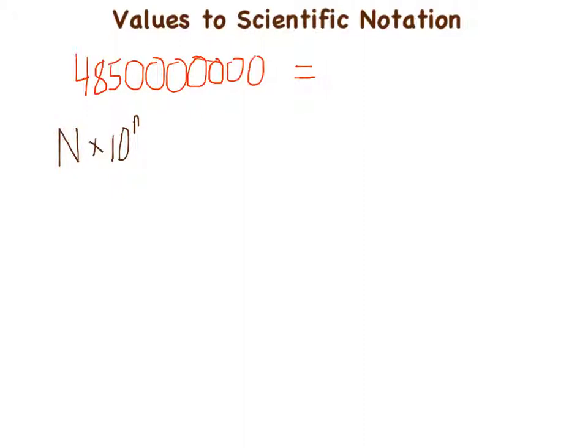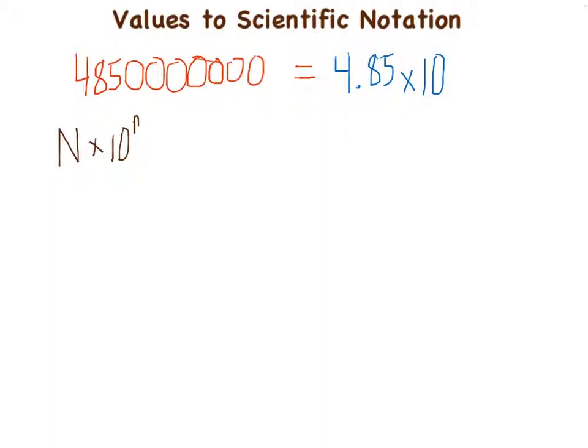So therefore, the very first number that we're going to have has to be 4 point, and because there's a 4 right here, 4.85. So then I'm going to put 85. 4.85. That's the easiest part. All I did was rewrite this and move the decimal so that there's a single number to the left of the decimal. Pretty simple.